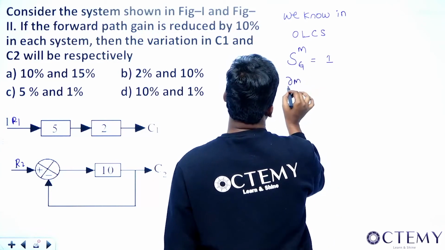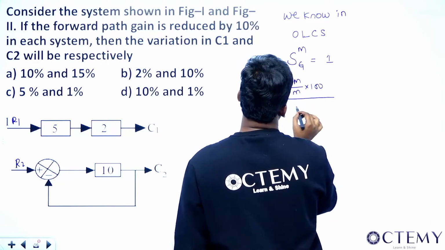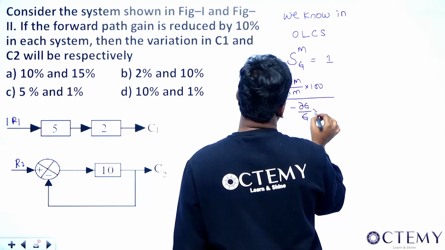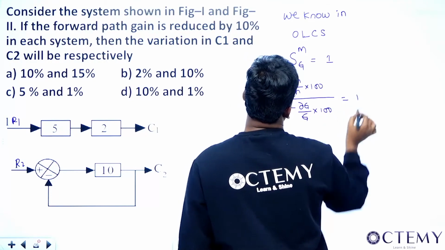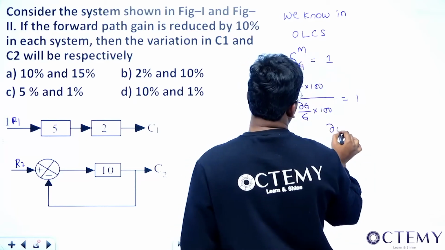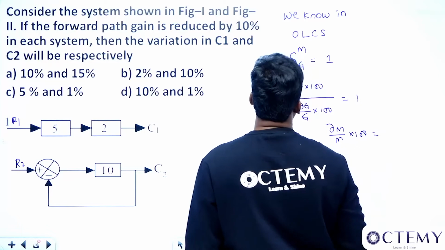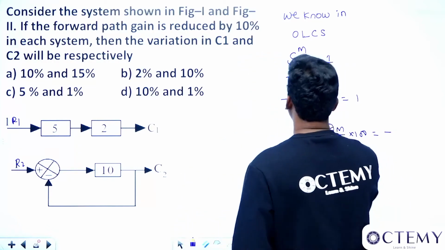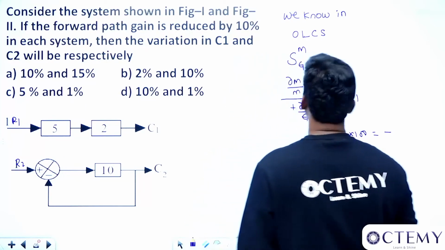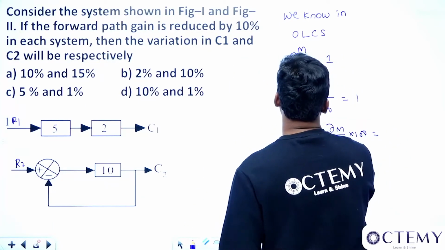So dou M by M into 100 is equal to dou G by G into 100 is equal to 1, isn't it? Because open loop control system. So what will be your dou M by M? Percentage change in M will be equal to minus. Why is this minus, sir? This is actually plus here. But when this goes here, this will become 10%, right? So this will become 10%, sir.